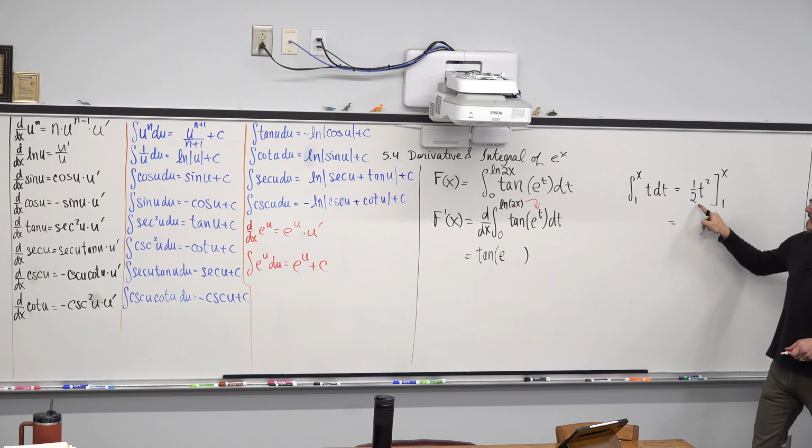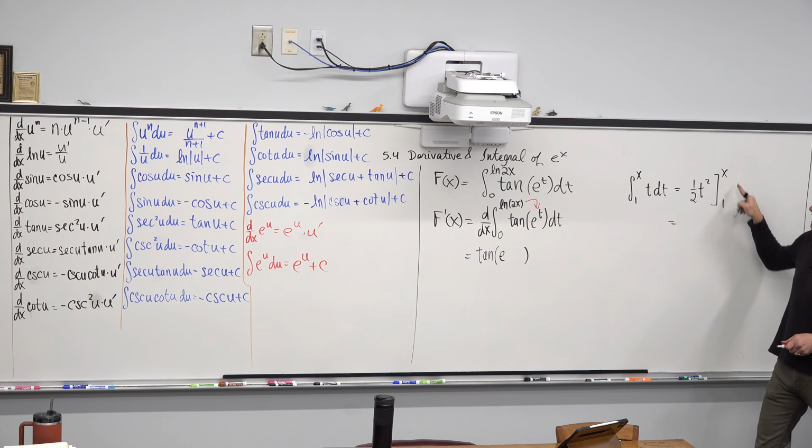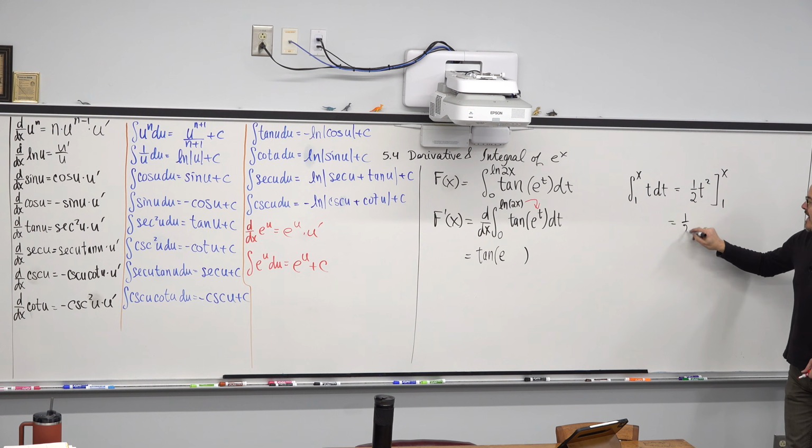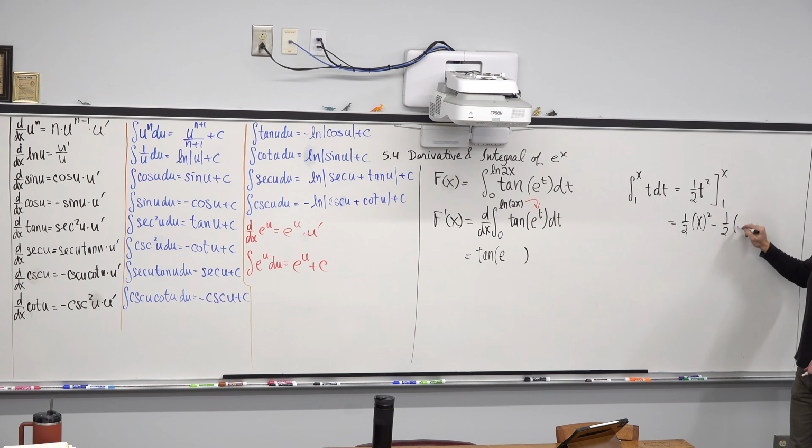And when you finish that definite integral process, don't you take these upper limits and substitute them in? So you would have 1/2 x squared minus 1/2 times 1 squared.